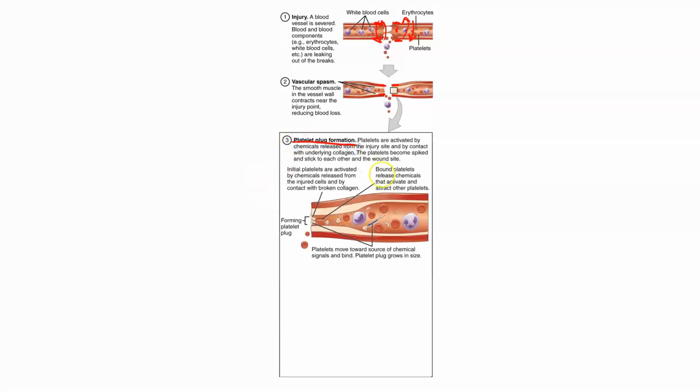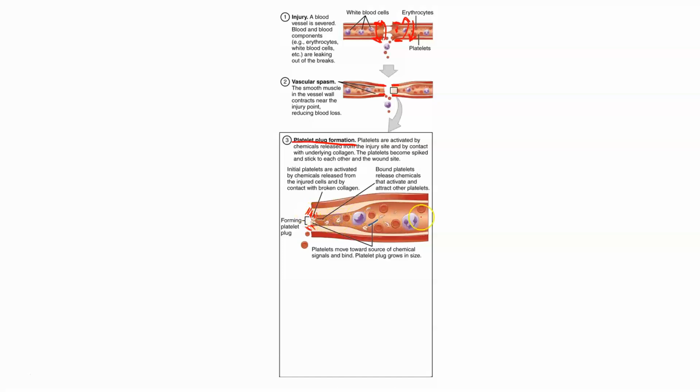This is kind of interesting. Platelets are actually activated. They are activated by 2 different things. One, it could be that there's some collagen from the extracellular matrix of this tissue that's sticking out, and when the platelets detect that collagen, they bind to it and become kind of activated.